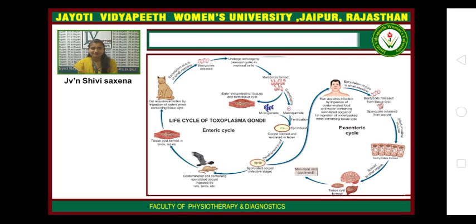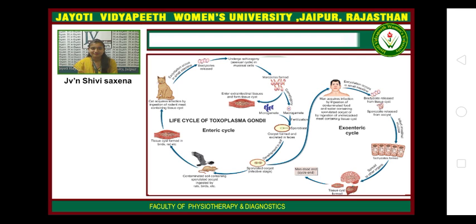Enteric cycle. The enteric cycle occurs in a cat and other definitive hosts, with both sexual and asexual reproduction. Gametogony and sexual reproduction occur within mucosal epithelial cells of the small intestine of the cat.